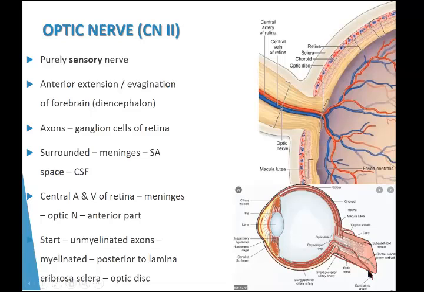The central artery of the retina pierces all the meninges and passes through the subarachnoid space, and then comes to lie in the center of the optic nerve. Okay? This artery, a branch of the ophthalmic artery called the central artery of the retina, pierces the meninges.